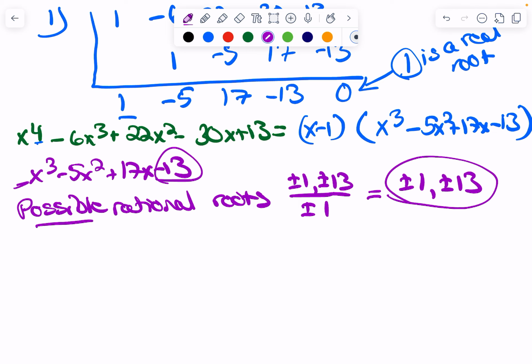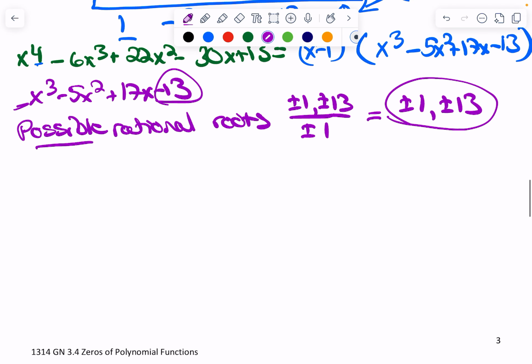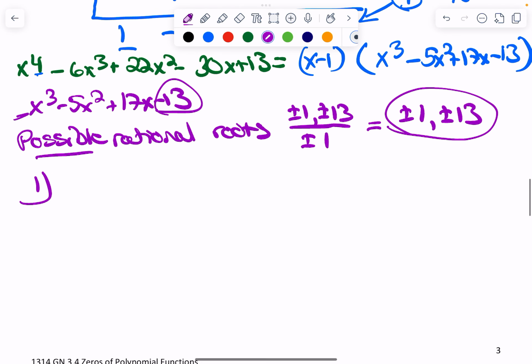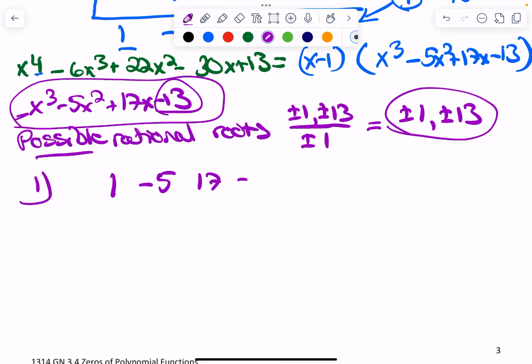We're going to pick something. We're just going to start with the 1 again because it's an easy number to start. And this is the one that we are using. So 1, negative 5, 17, and negative 13. We bring the 1 down. 1 times 1 is 1. Negative 5 plus 1 is negative 4.